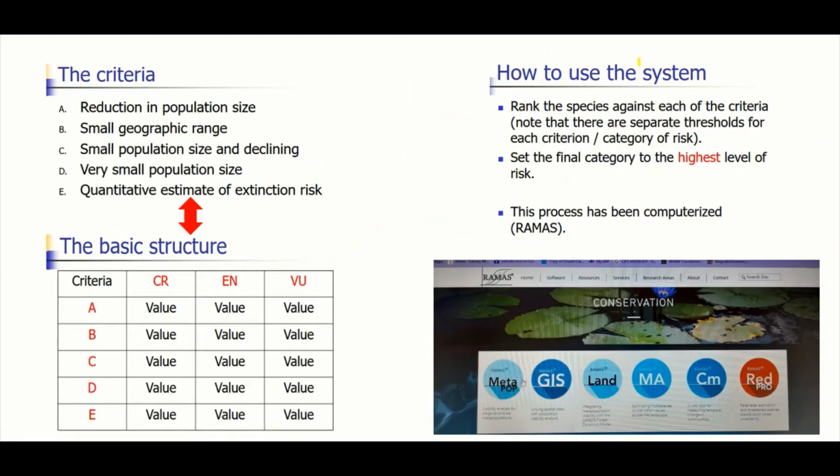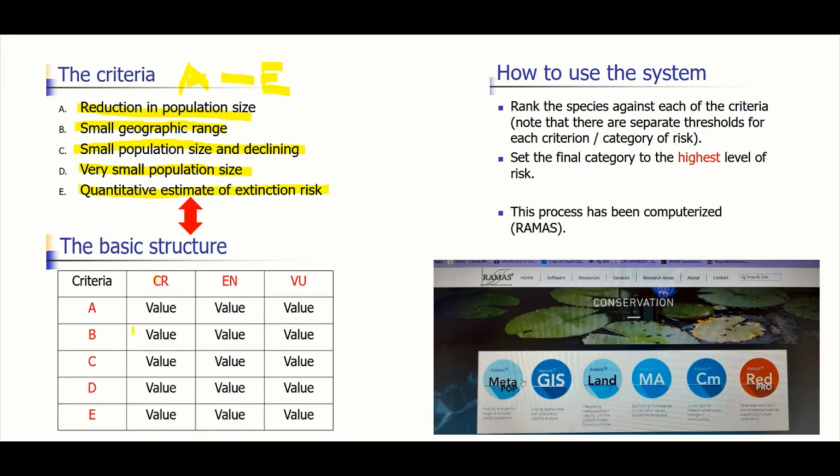So the criteria we said is an A to E criteria, and A stands for reduction in population size, B stands for small geographic range, then C stands for small population size and it's also declining, D stands for very small population size, then we have E, quantitative estimate of extinction risk.